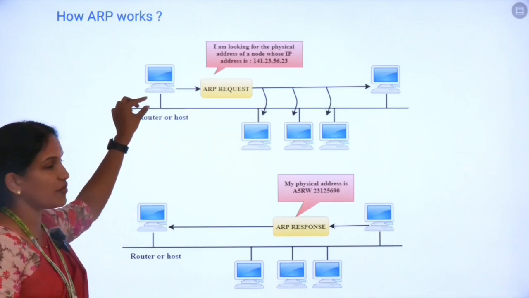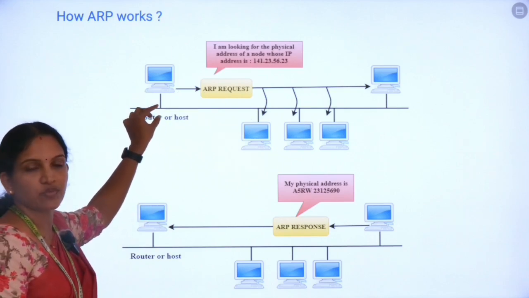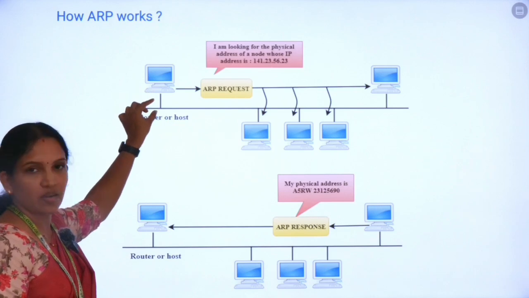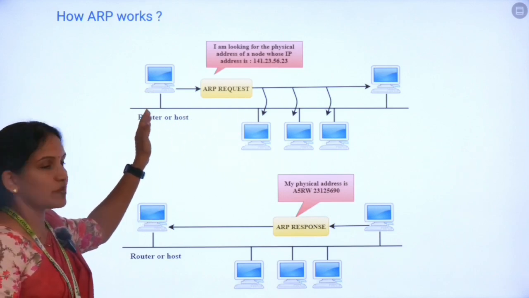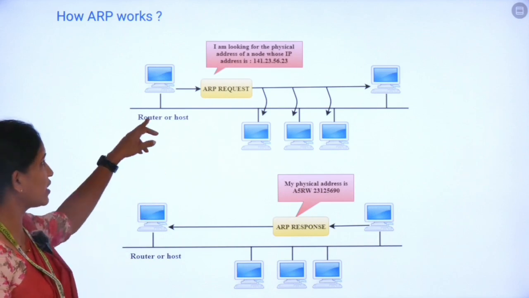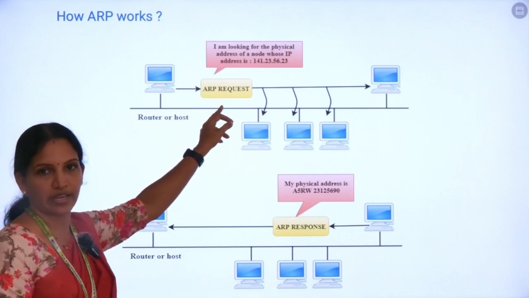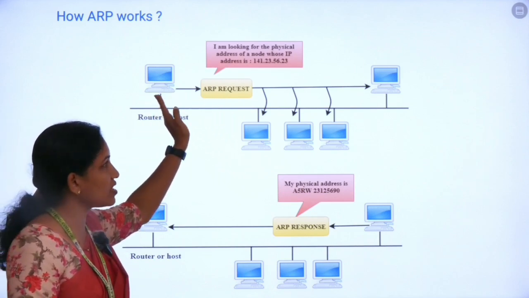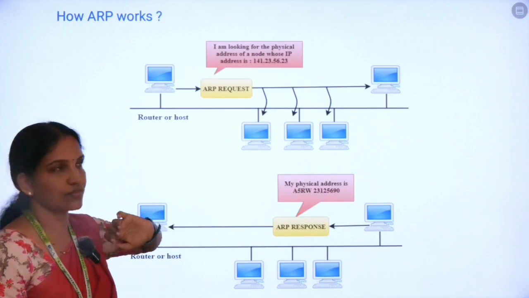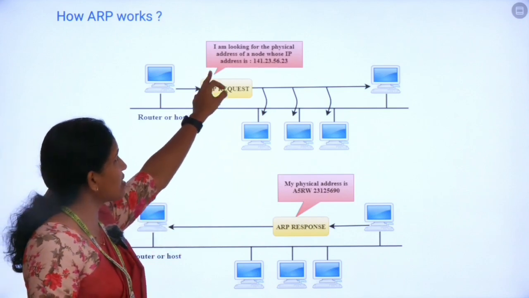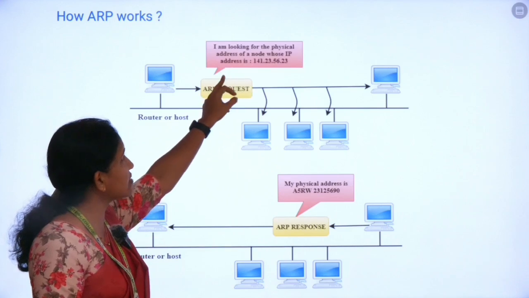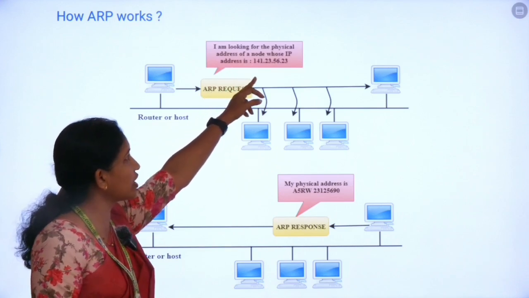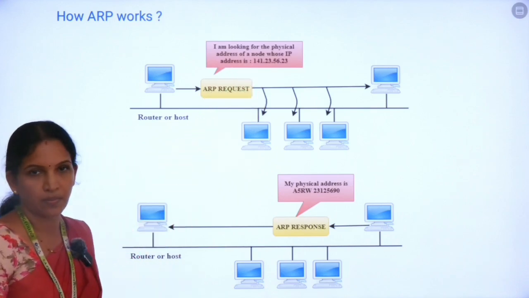If it is available, it will read the MAC address from the ARP cache and start communication with the device. But if it is not there, then it will prepare an ARP request packet and broadcast the packet along the network. The packet will be asking for the physical address of a node whose IP address is 141.23.56.23.